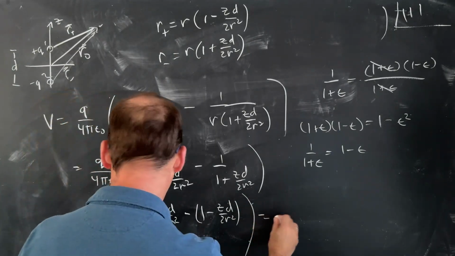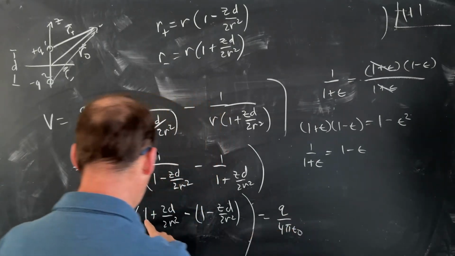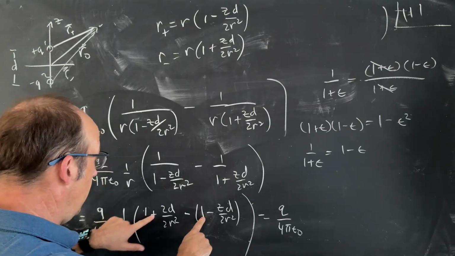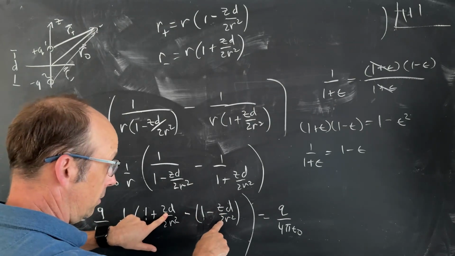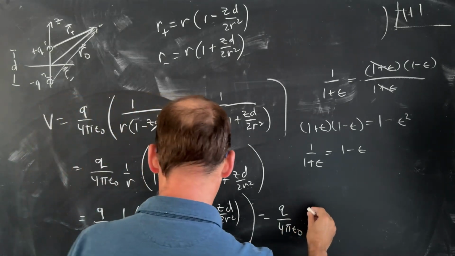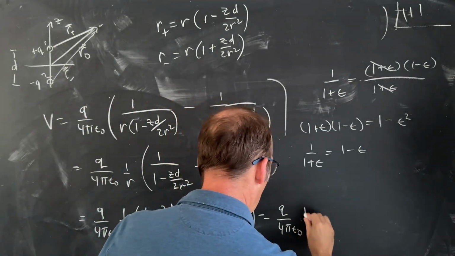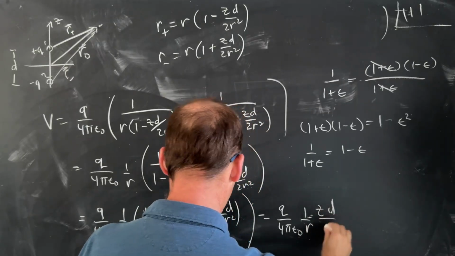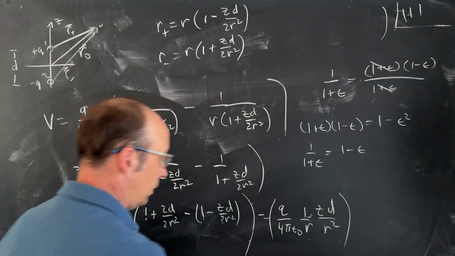Okay, so now I get q over 4 pi epsilon naught, and then I have 1 minus 1 is 0, and then 2 minus a negative 2, I'm going to get rid of the 2. So I'll just get 1 over r times zd over r squared. And that's my potential.